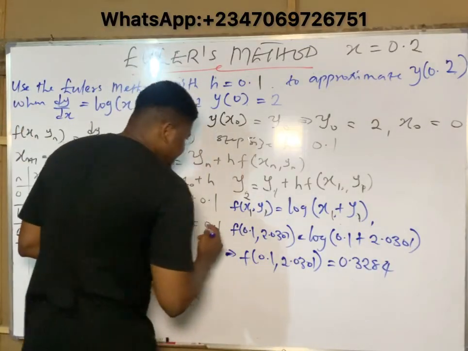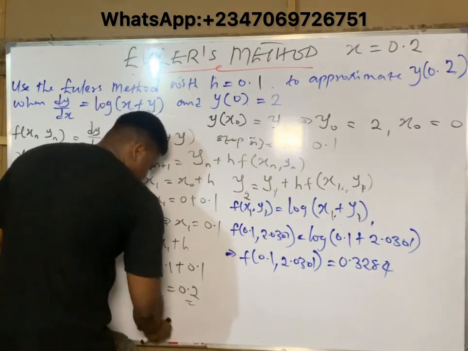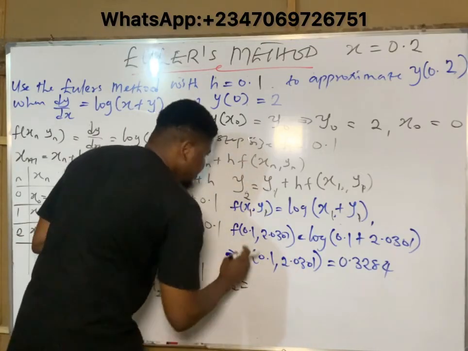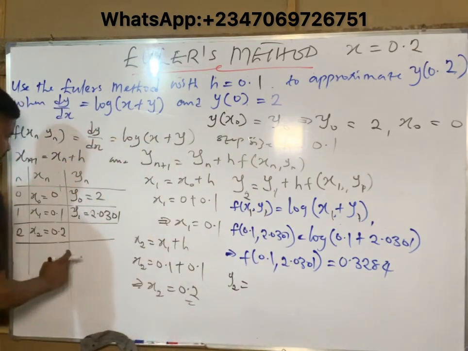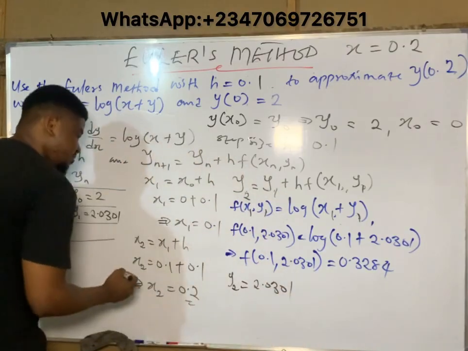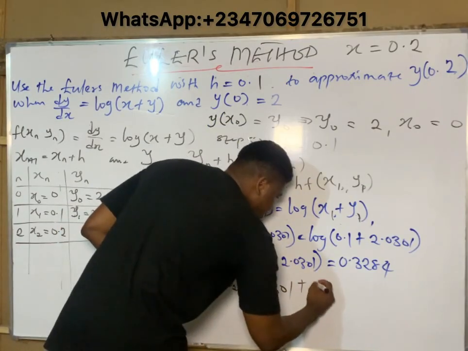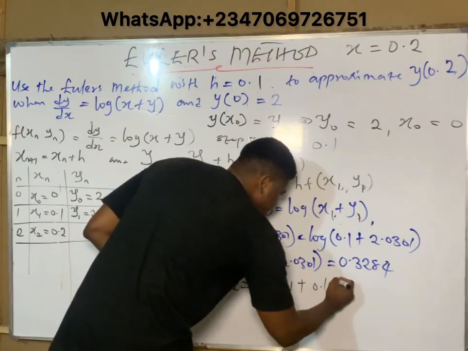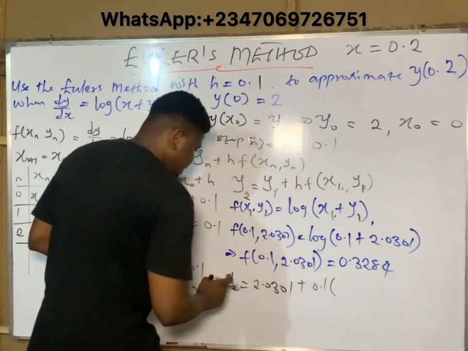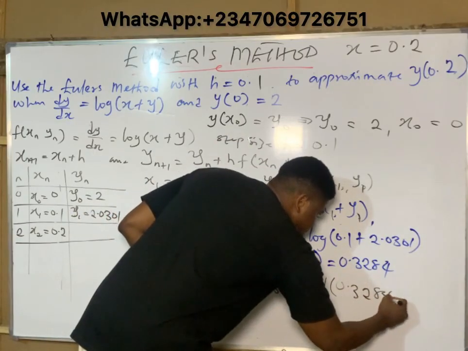Now if we have this, then it means we can now find our y2. So y2 is now going to be, we said y1, and y1 is 2.0301, please. What's wrong with me? 2.0301 plus h, which is 0.1, multiplied by this function, and the value of the function gave us here 0.3284.